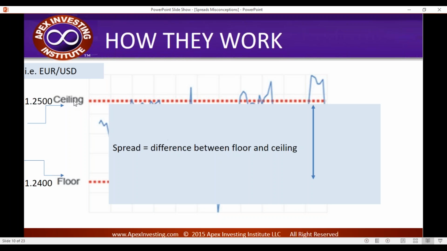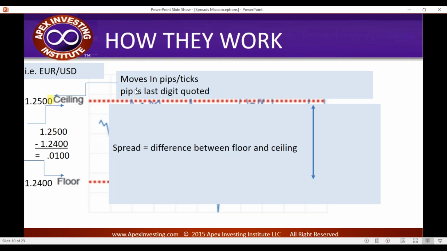The spread is the difference between the floor and the ceiling, so this is a 100 pip wide spread. It moves in pips, the last digit quoted. Each pip is worth $1, and there are 100 pips.